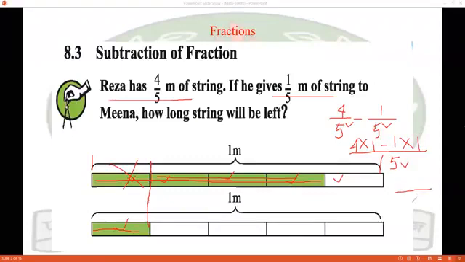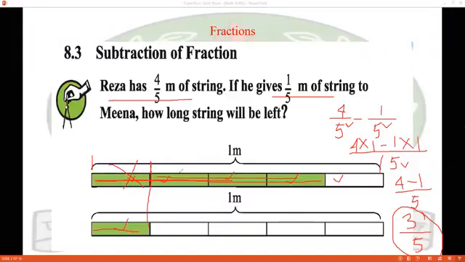So we can write 5. So 4 into 1 means 4, and 1 into 1 means 1. So we can write 3 by 5. So after giving, he has 3 by 5.